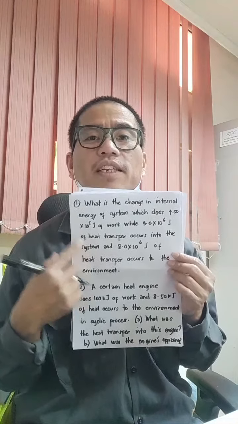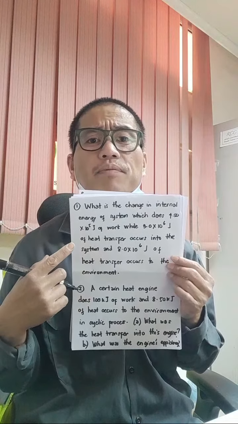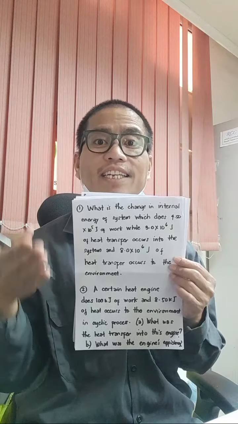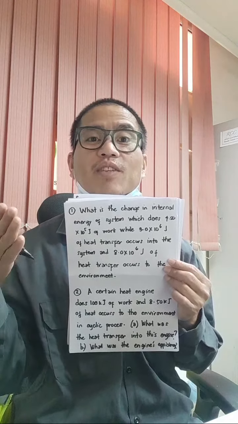This heat is added to the system, so this is a positive heat, which we represent as Q1, equal to 3.0 times 10 to the 6 joules.